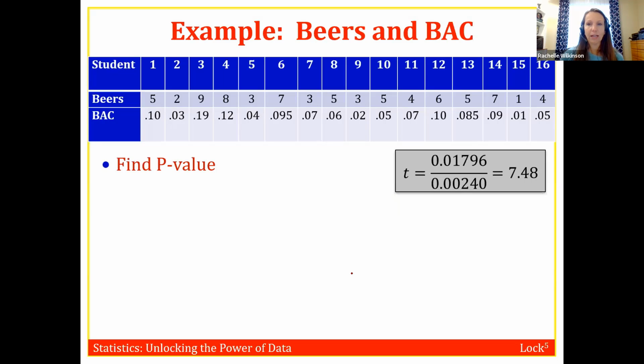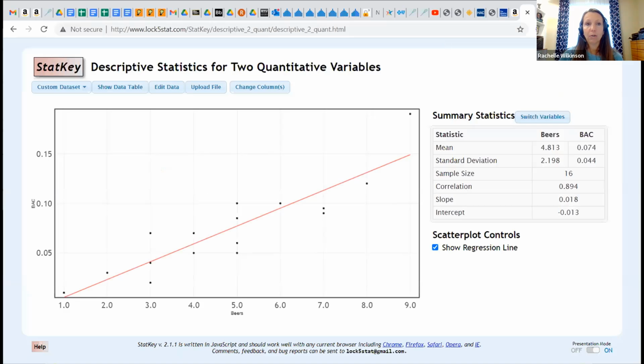All right, so then I'm going to want to find my p-value. First thing I need to do is figure out my degrees of freedom. There were 16 students in this study, so degrees of freedom is equal to n minus 2. So 16 minus 2 gives me 14 degrees of freedom. In StatKey, I am going to go to my T theoretical distribution.